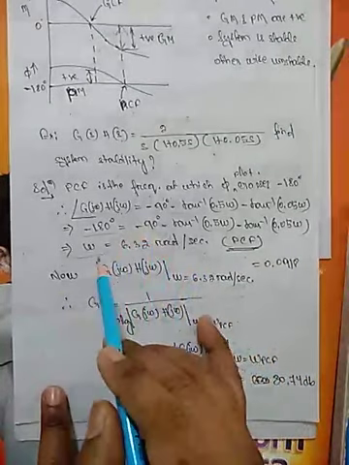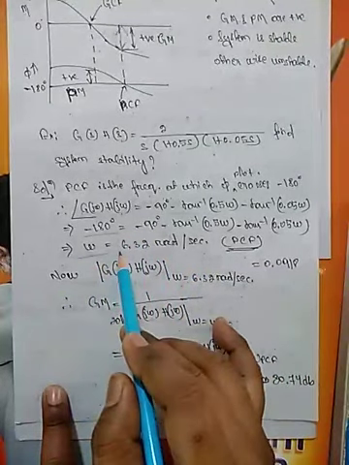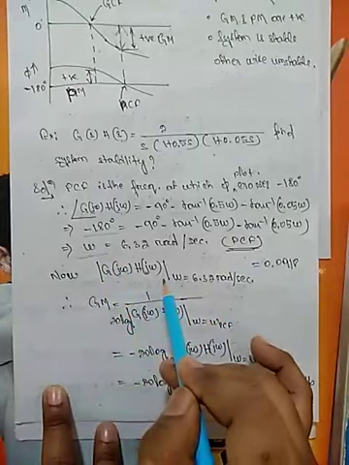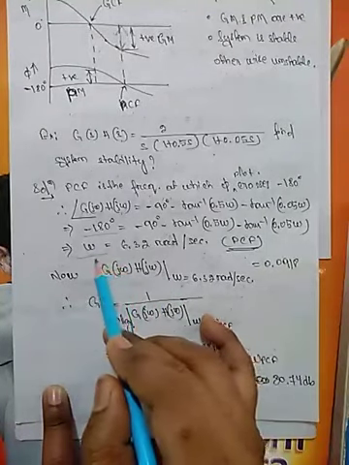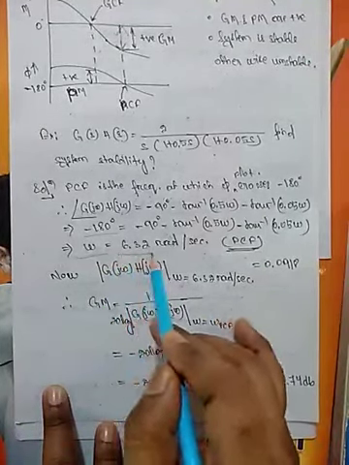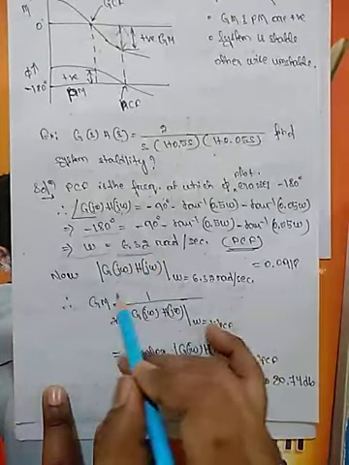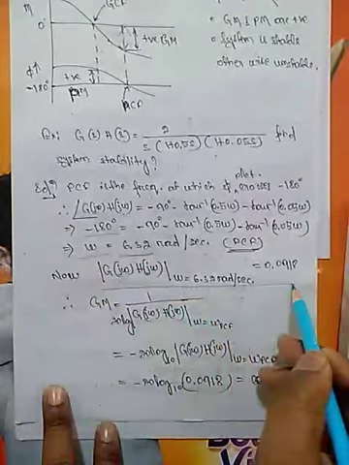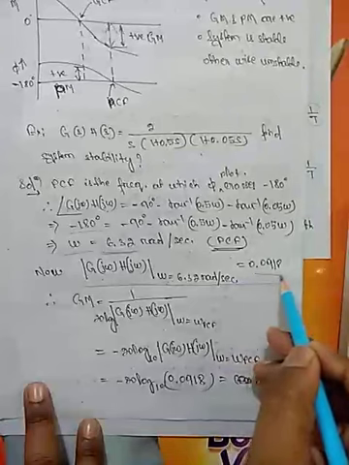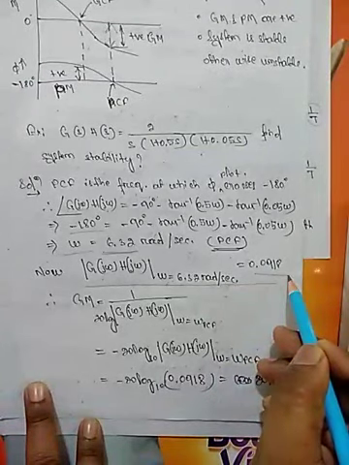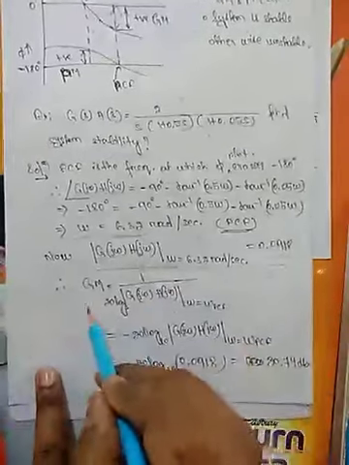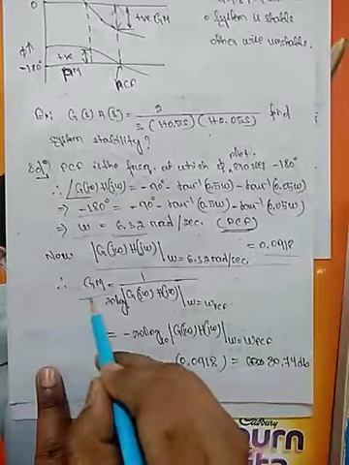After finding this phase crossover frequency, you find the magnitude at this frequency. After solving, you get the magnitude as 0.0918. Then you find the gain margin. What is gain margin?